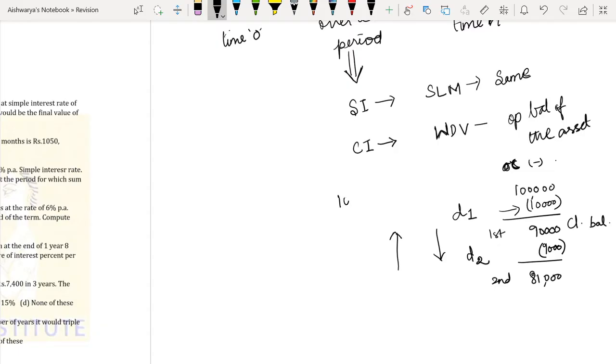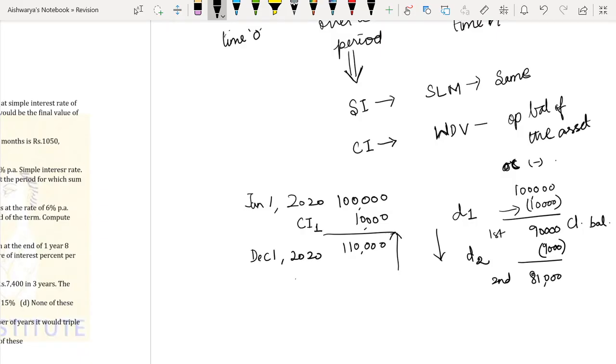For example, let me take the same thing and show you here. 1 lakh amount is deposited at the beginning of year 1. Let's say the beginning of year 1 is Jan 1st, 2020. So your 10% interest would be 10,000. Then the closing balance will be 1 lakh and 10,000. This will be the compound interest for year 1. This will be the closing balance for year 1.